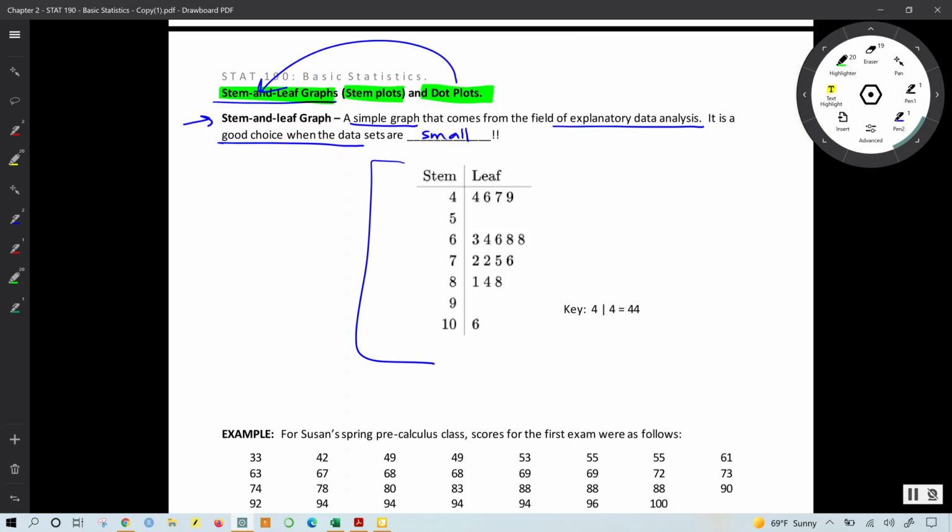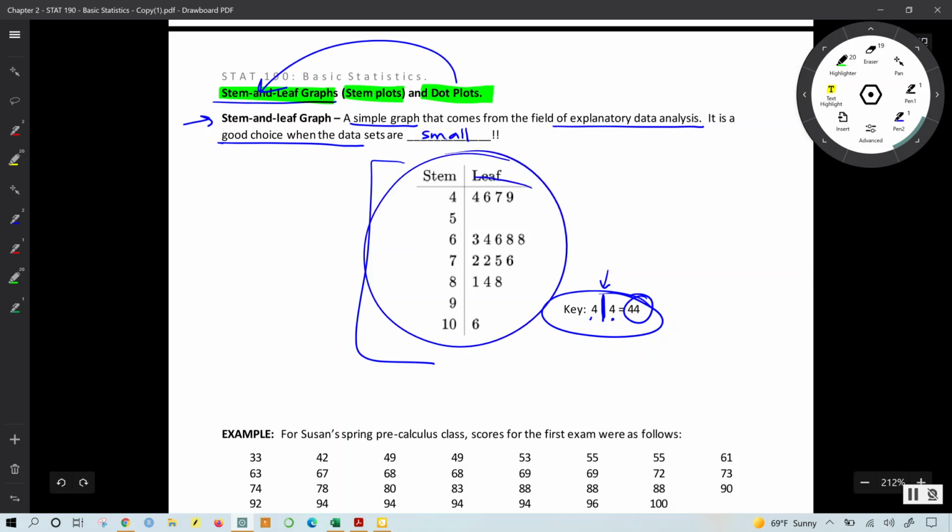So, this is a quick example of a stem and leaf graph. If I were to interpret this, I will first look at my key. 4 bar 4, or 4 with the simple standing stroke, 4 means the number 44, which means this stem and leaf plot represents the data set 44, 46, 47, 49, and so on.